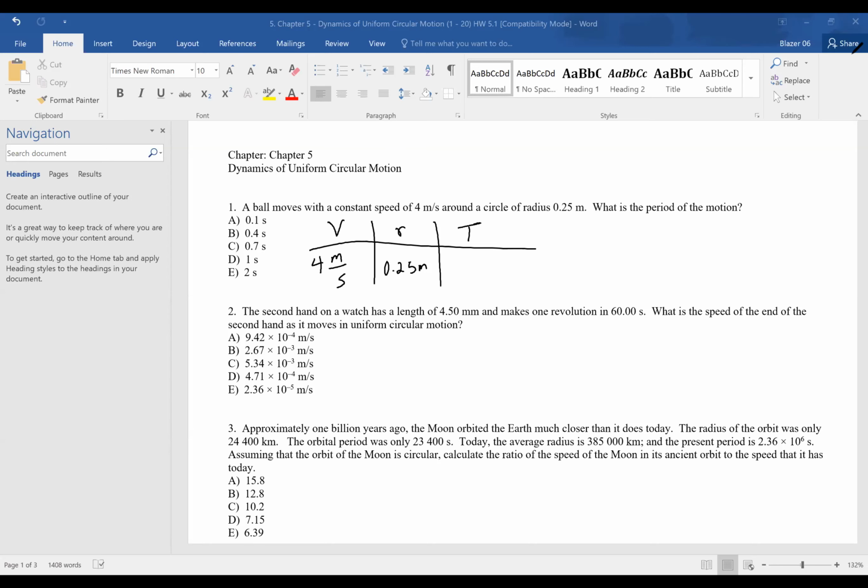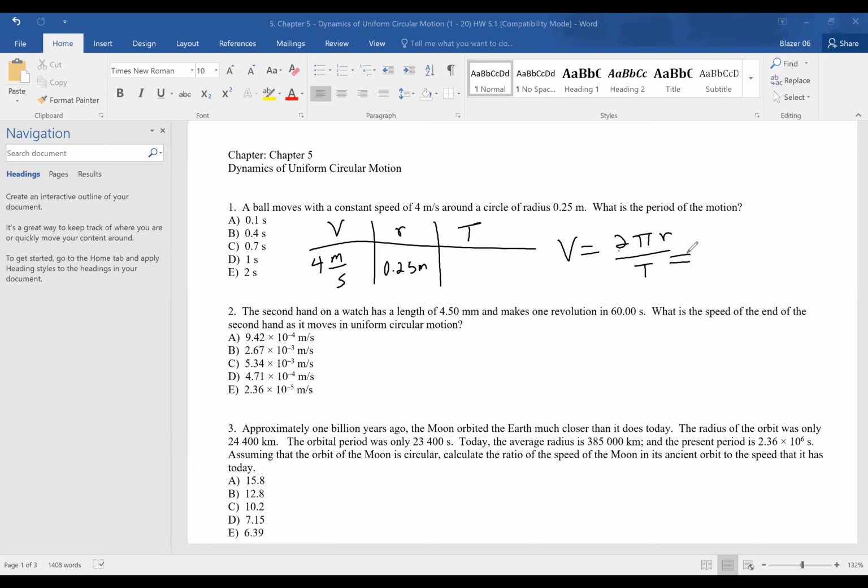Kaylin, very good. And then someone answered B. So that's good. In this problem, we know our equation says V is 2 pi r over the period.